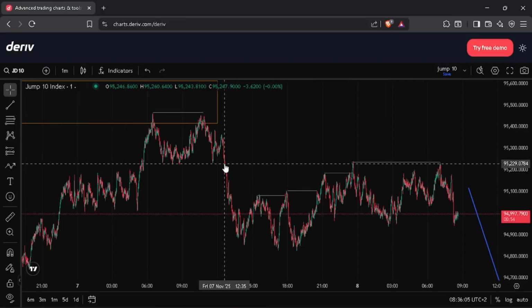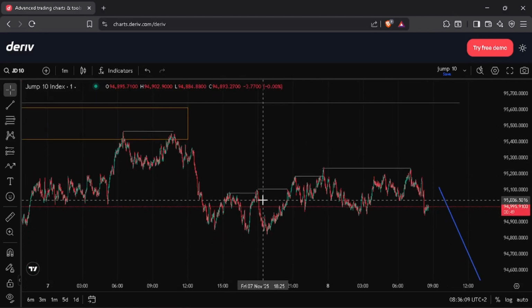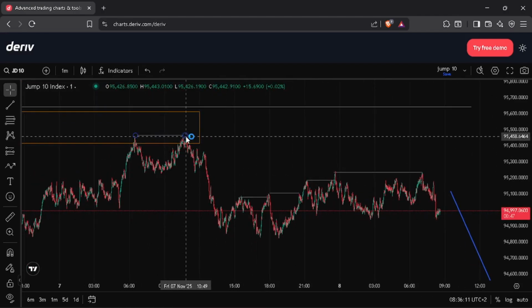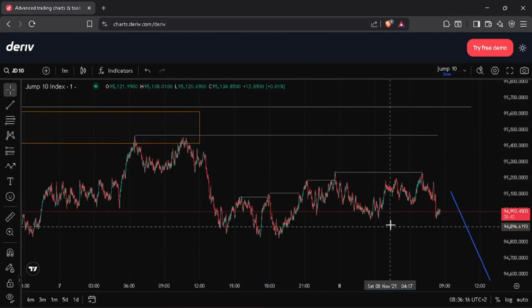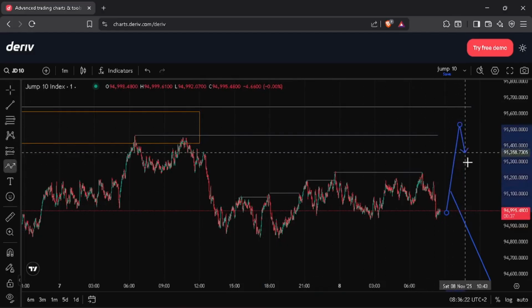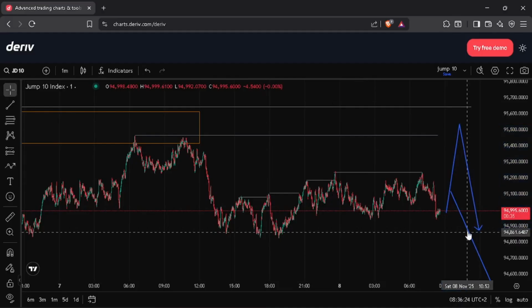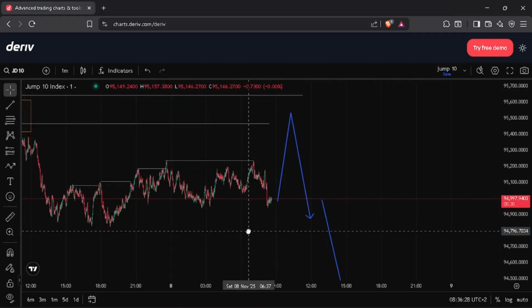But my prediction is that this market might come to take this level out and proceed to go down. So my prediction is that it's gonna come back here and still go to our direction there.